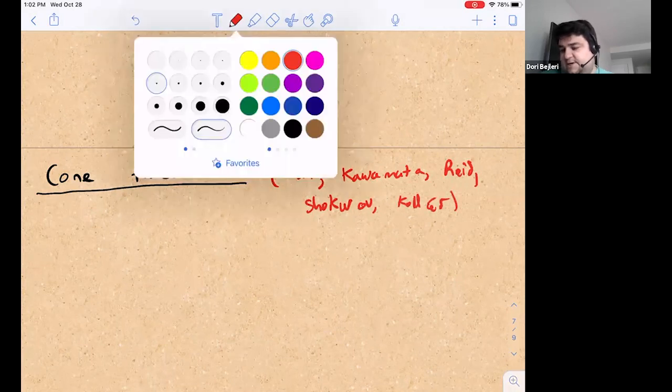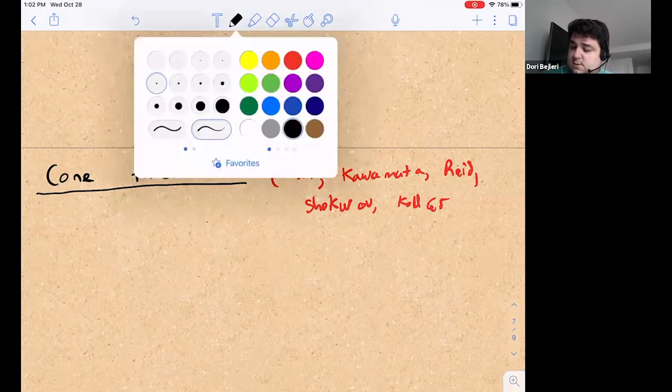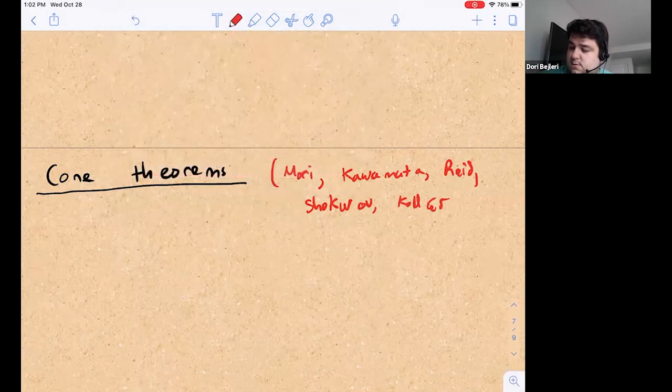But in various combinations and for various pieces of the arguments and for various levels of generality. So this is all done in maybe 80s, early 90s.